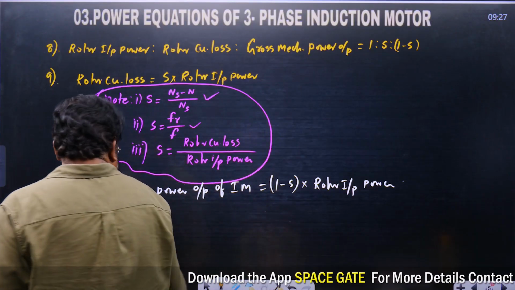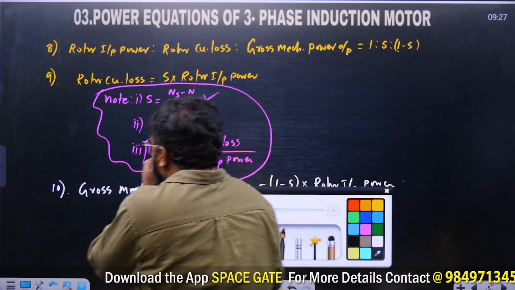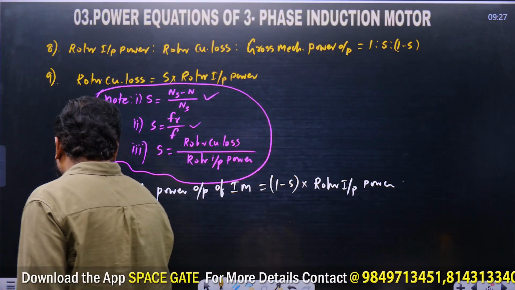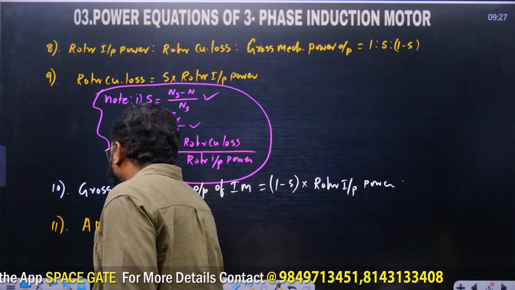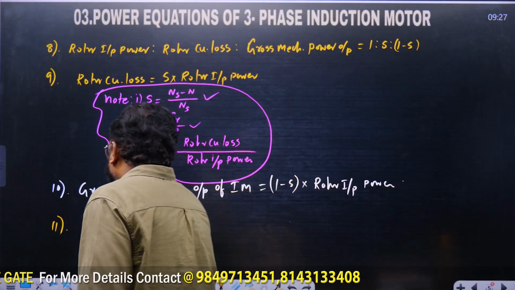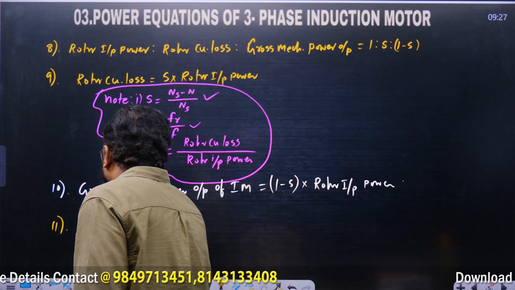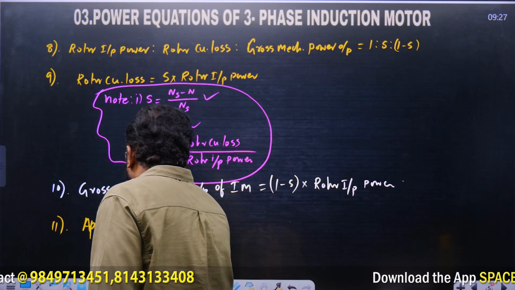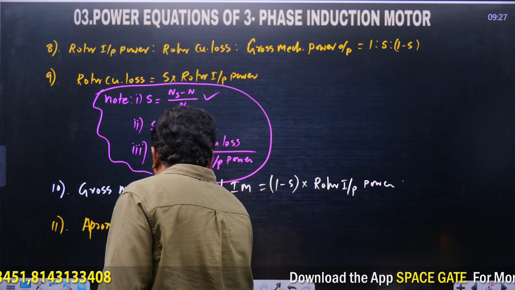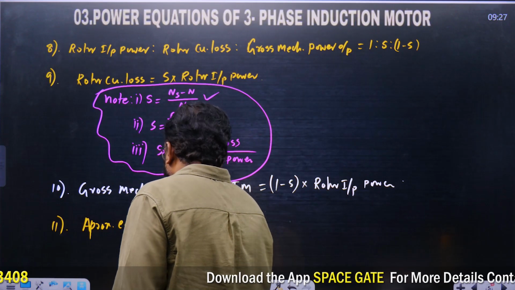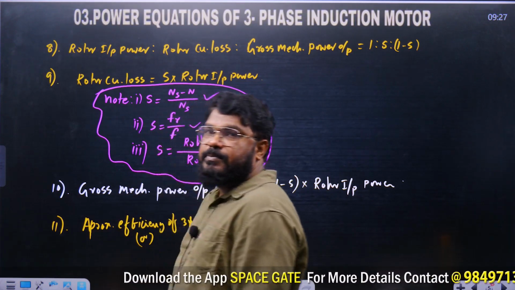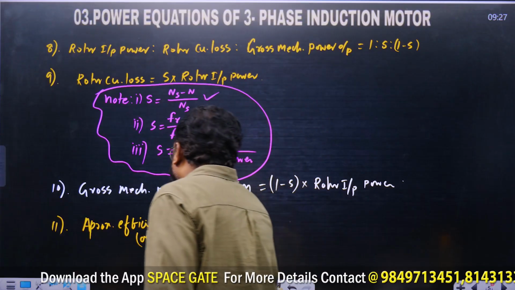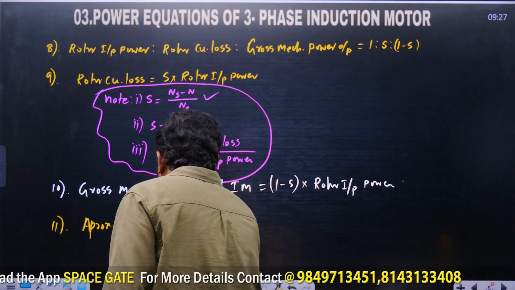Now next possibility of the question, the 11th one here: approximate efficiency of the 3-phase induction motor. Another name for approximate efficiency is the rotor efficiency.